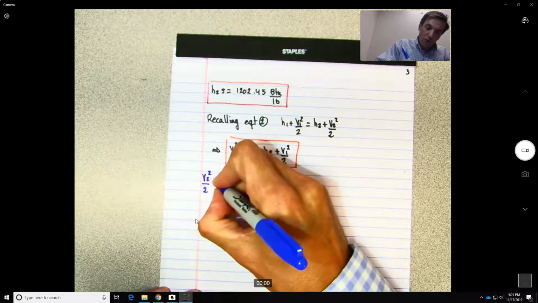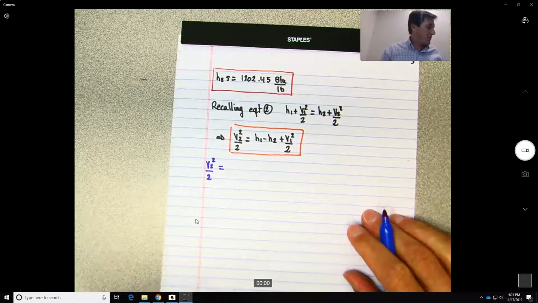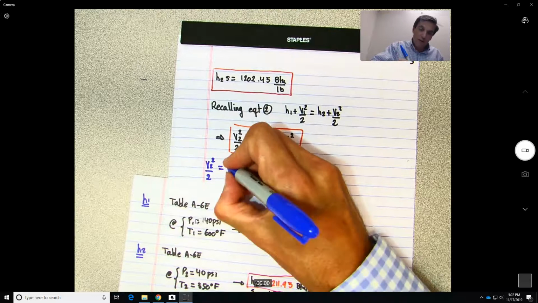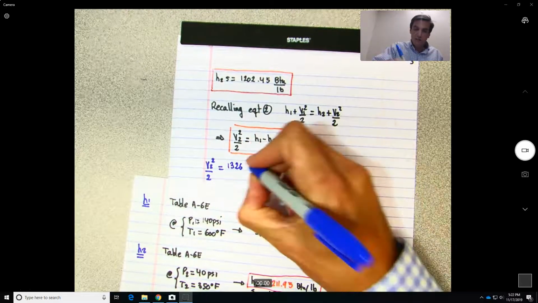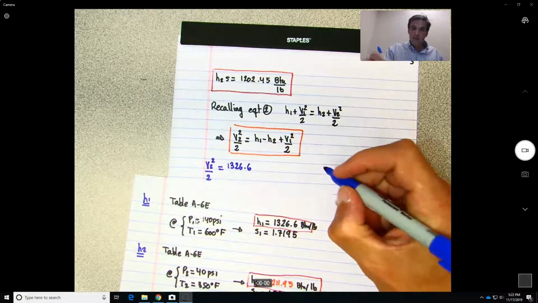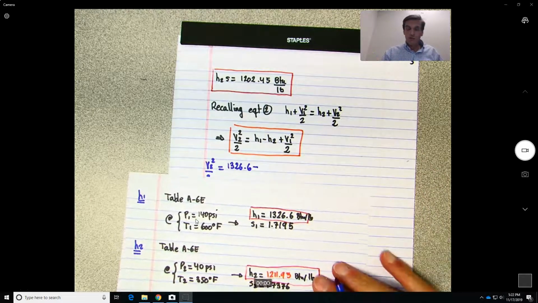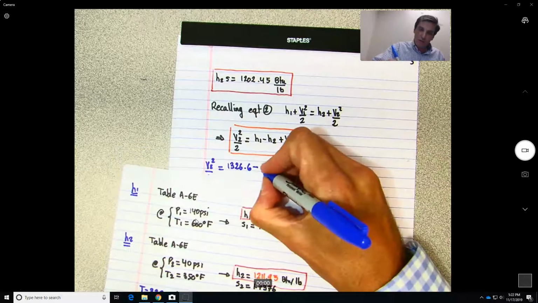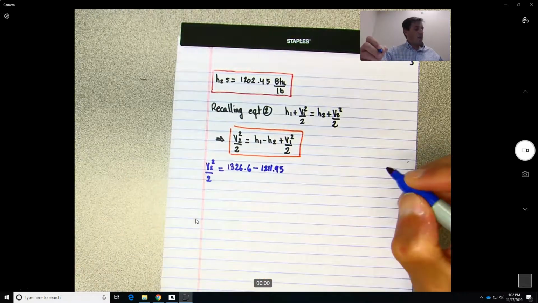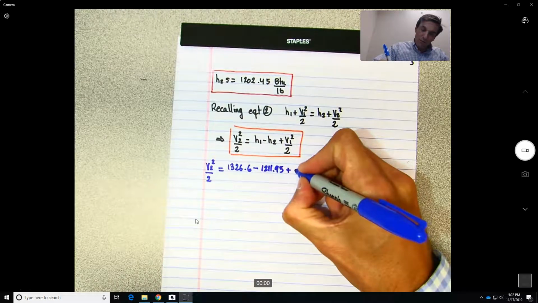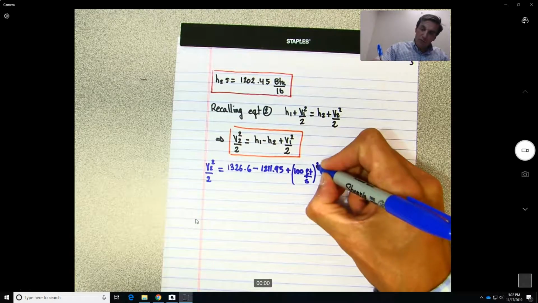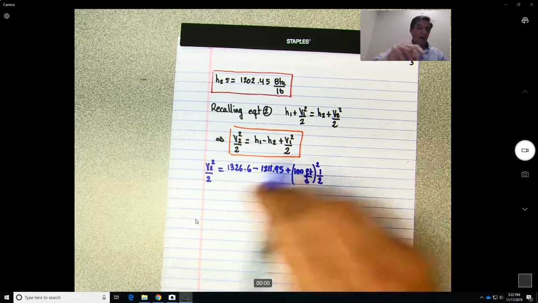So if we do the numerical application for that equation, what do we get? V2 squared over 2 will be equal to H1, which is 1326.6, minus H2, which is 1211.95, plus V1, but we're going to have to be careful with the units, plus 100 foot per second squared, over 2, so 1/2.